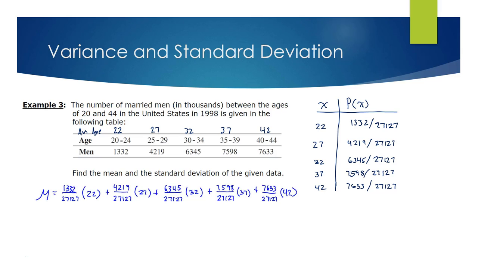So 1332 over 27,127 times 22, and so forth. When I add those together, I get about 34.9456 years old. So in this study, the average male is about 35 years old.